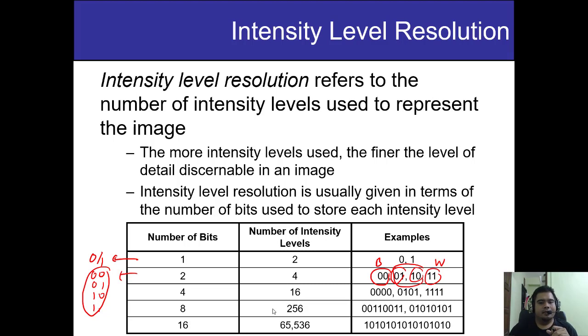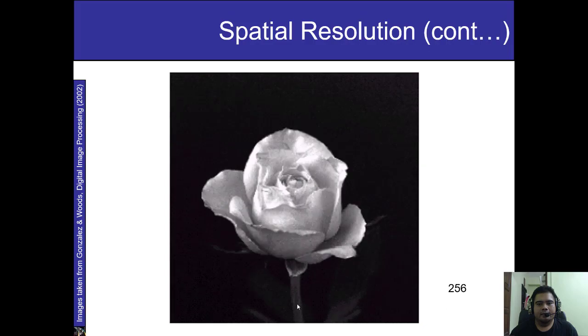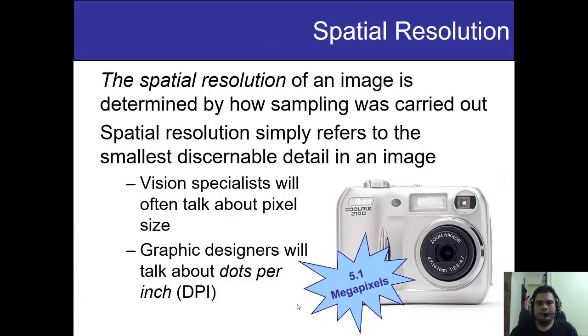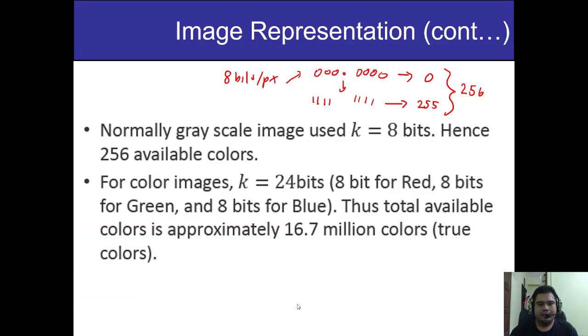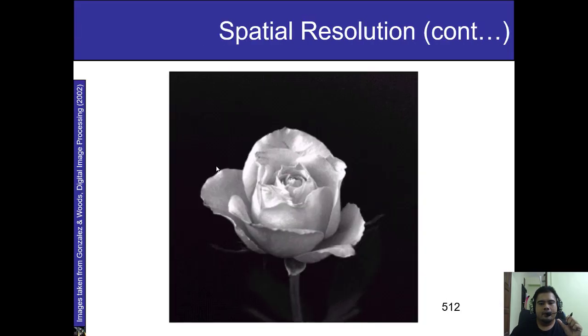For example, like I said before, 8 bits can have 256 level of colors. Let me use the same term as this slide: you have 256 available colors, or 256 possible colors, in 8 bit per pixel.